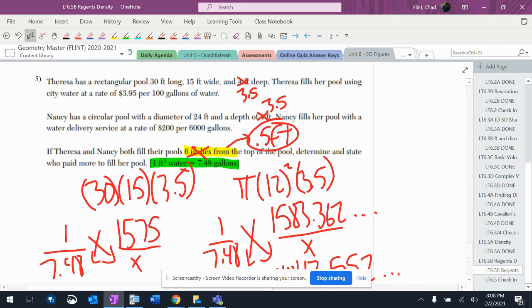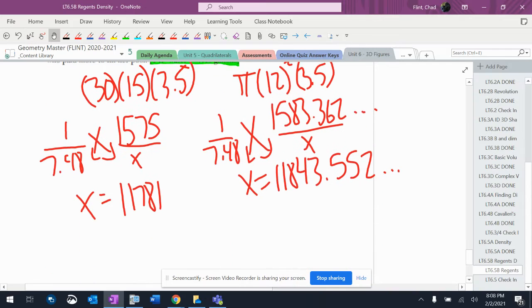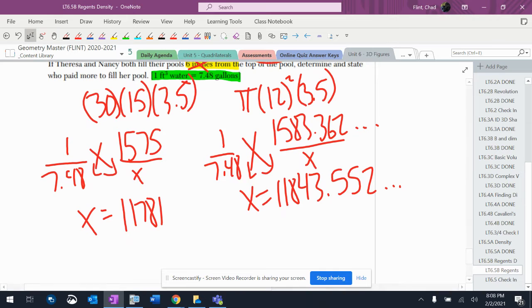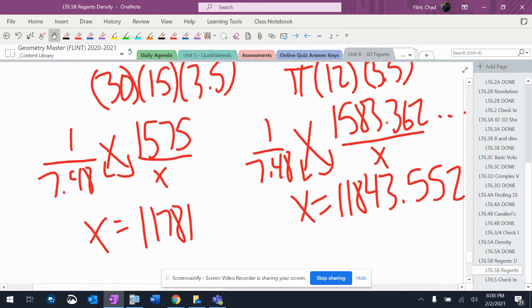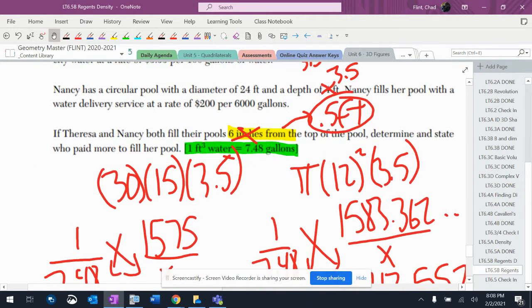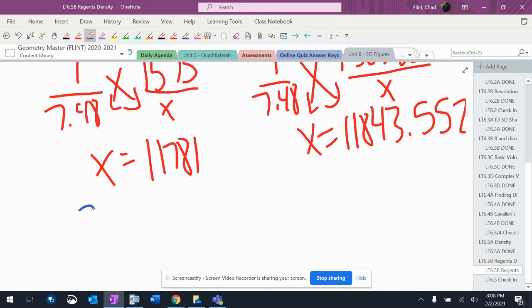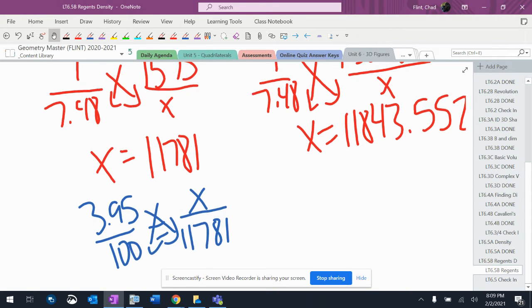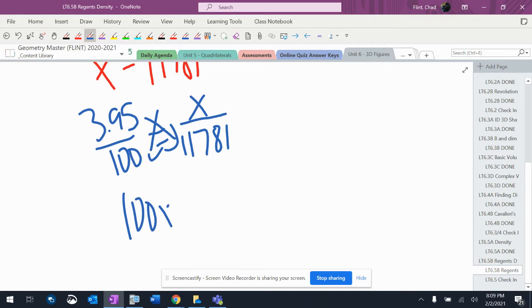All right, so then Teresa fills her pool at a city rate of $3.95 per 100 gallons of water. So now I got to start thinking about this. This is how many gallons this person needs total. So they pay $3.95 for 100 gallons. This person needs 11,781 gallons. So now I'm going to cross multiply this, and I'm going to get 100x equals whatever that number is.